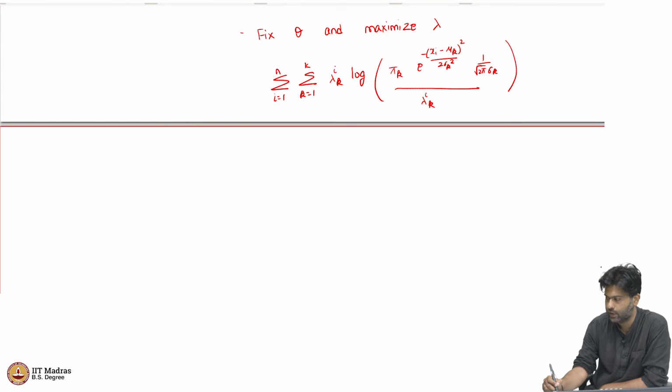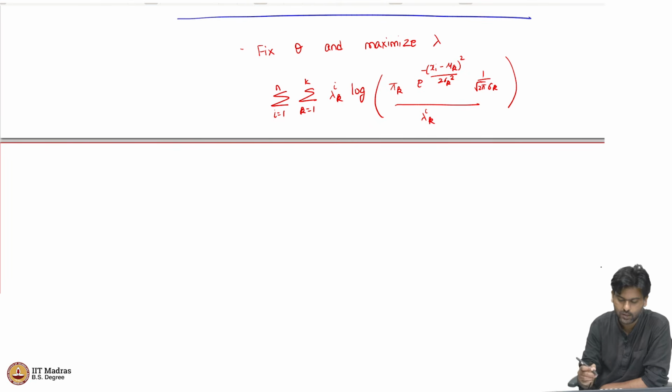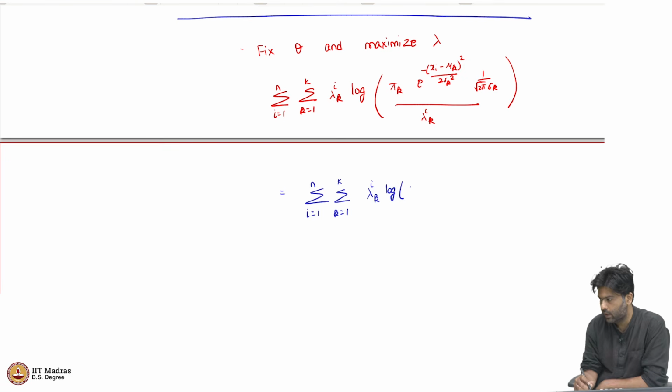This was the likelihood function. Now, I want to maximize this with respect to lambda, treating all the other parameters, mu's, pi's, sigmas, as constant, right. Now, I can do some simplification and then only pull out the terms which are non-constant, and that will look like this. There is one step I am skipping, but you can try it out for yourself, right.